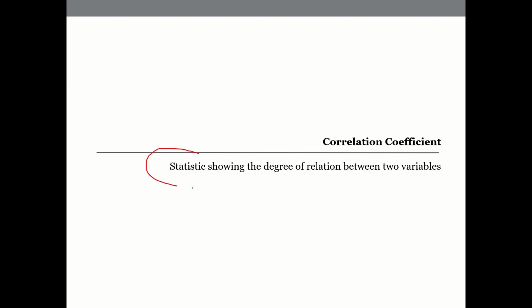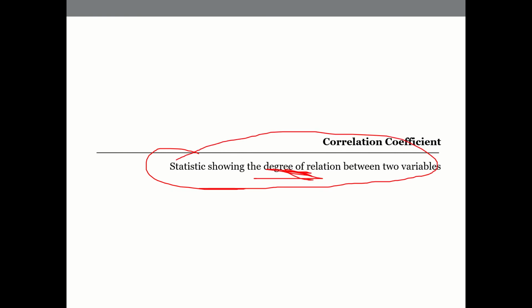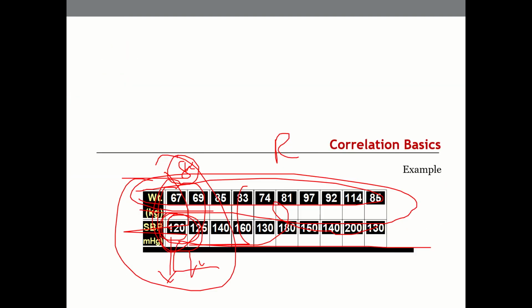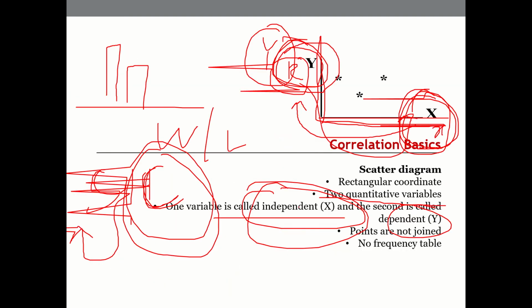Like we said, the statistic showing the degree of relationship between two variables can be understood through the correlation coefficient.